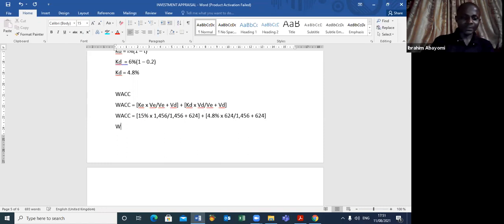So our weighted average cost of capital will be equal to, let us multiply 15 times 1456, which is 21,840, all over 1456 plus 624, that is 2080.